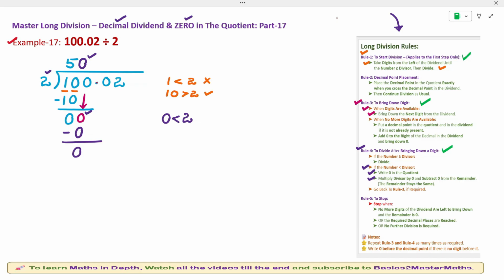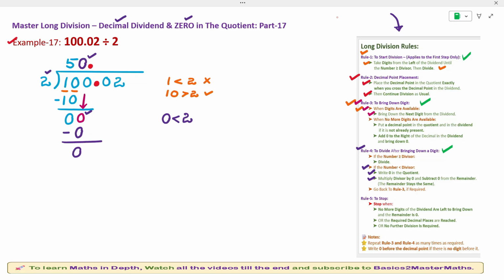Observe, now we have reached the decimal point in the dividend. So, as per rule 2, place the decimal point in the quotient and continue the division as usual. Let us apply rule 3 again.